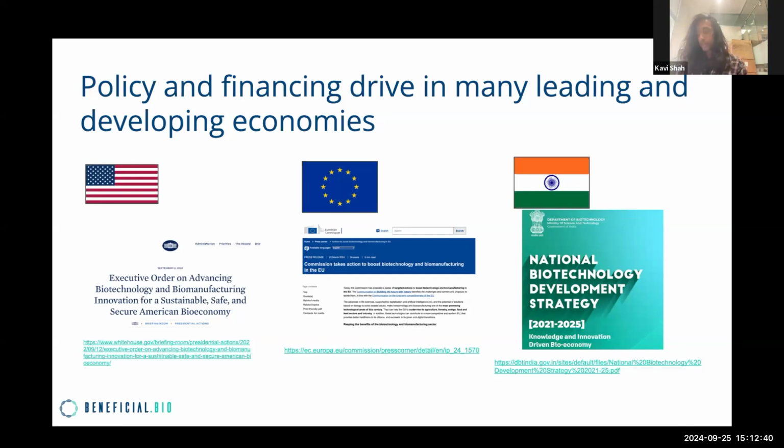This includes, for example, the US, where President Biden issued an executive order for advancing biotechnology and biomanufacturing, and that was followed by funding promises. Similarly, the EU have had recent policy documents released, and even one example from India.